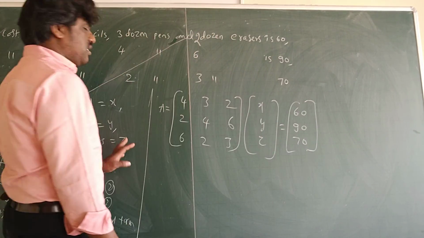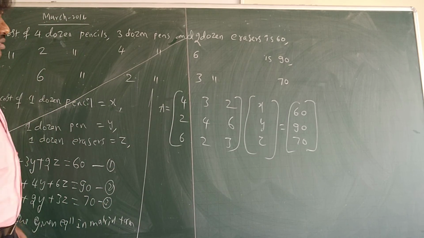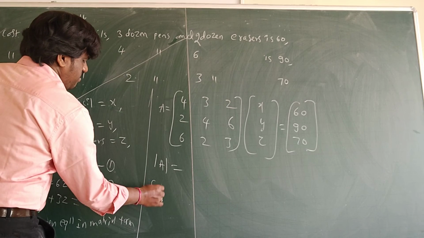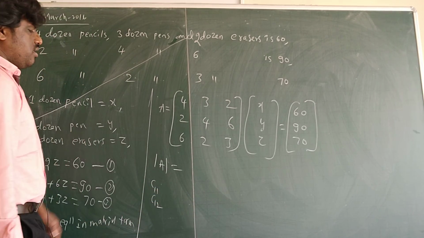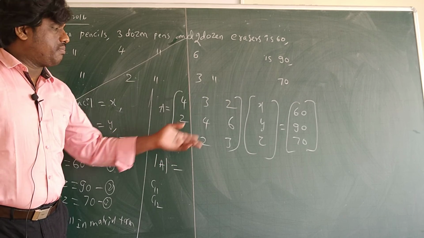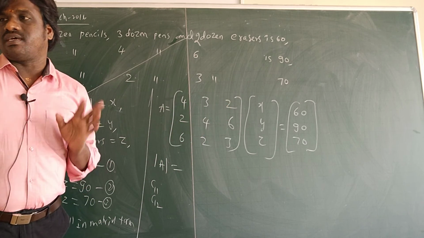As before, we have to use the same method. Find the determinant of A and find C11, C12 like this. Find the inverse of the matrix and multiply with the B matrix, and you will get the X, Y, Z values.